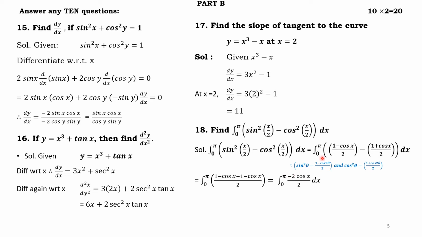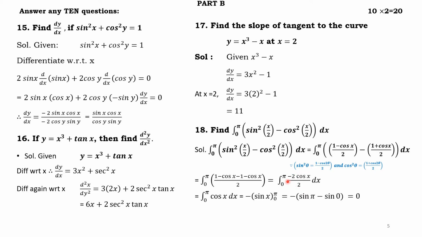Therefore, this equation, integral 0 to pi, we will subtract the second term from the first: 1 minus cos x minus 1 minus cos x... so it is written here divided by 2. 2 is common for both the terms, divided by 2. That is equal to 1 and 1 get cancelled. It becomes minus 2 cos x divided by 2. So the 2 gets cancelled.